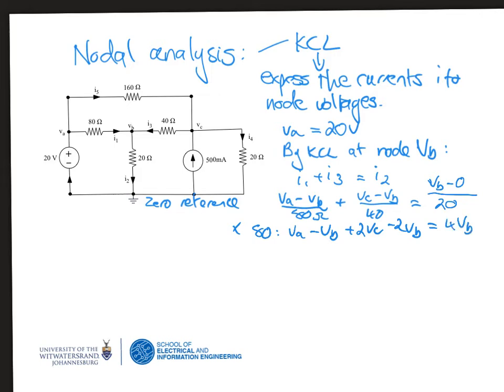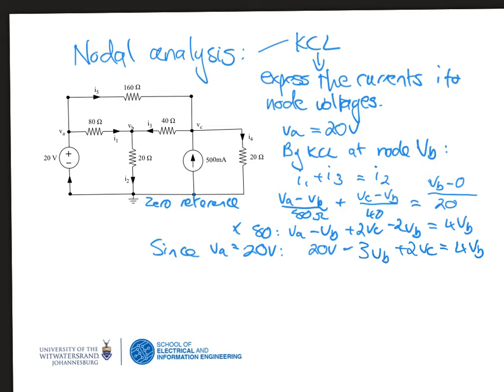But remember that since VA is equal to 20 volts, we can write this as 20 volts minus VB minus 2VB, so it's minus 3VB, plus 2VC equals 4VB.